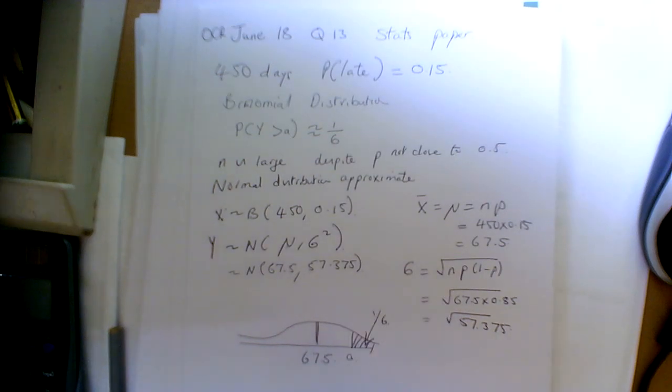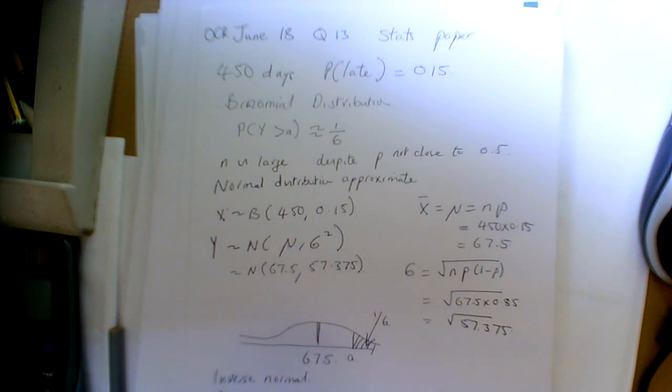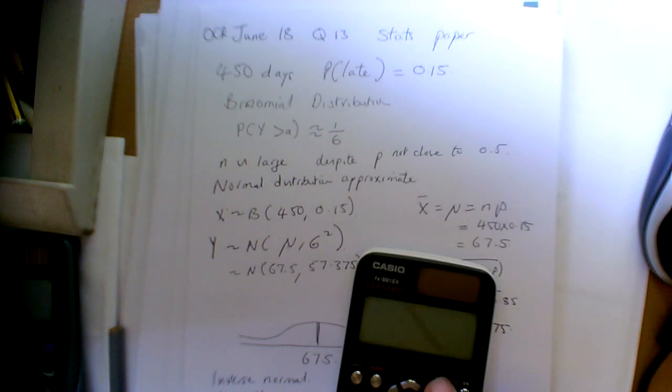Okay, one is to put that into our calculator using the inverse normal button, because we've been given an area. Okay, so the area is 1/6. Okay, and then we put in our other parameters. So we've got 1 divided by 6 for the top there.